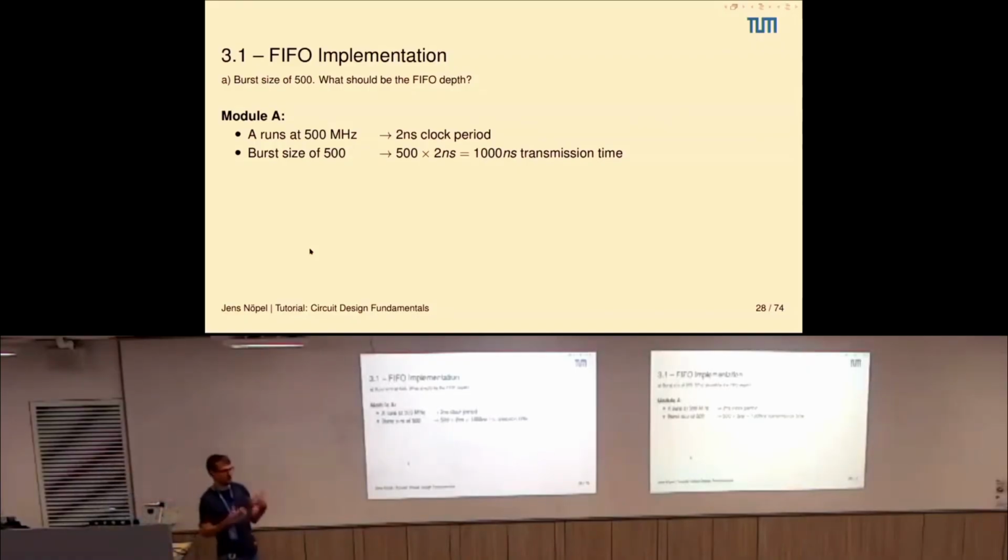So at 1 clock period, 1 packet gets sent. And since we have a burst size of 500, we just multiply this number by 500, and we end up with 1,000 nanoseconds transmission time for 500 packets. So don't get confused that the burst size is 500 and the frequency is also 500 megahertz.